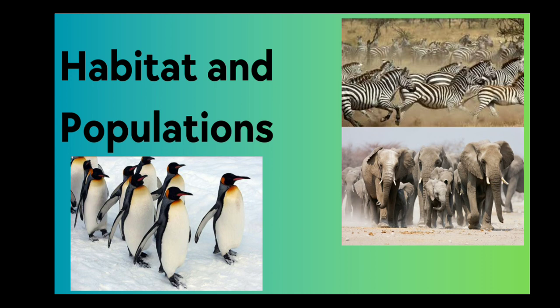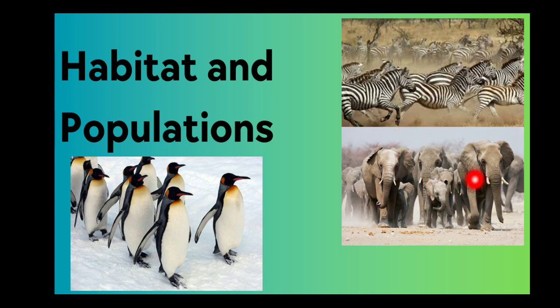Now we come to the first lesson, which is habitats and population. What do you see in this picture? Yes, lots and lots of zebras running together. So this is a herd of zebras. And what are these?